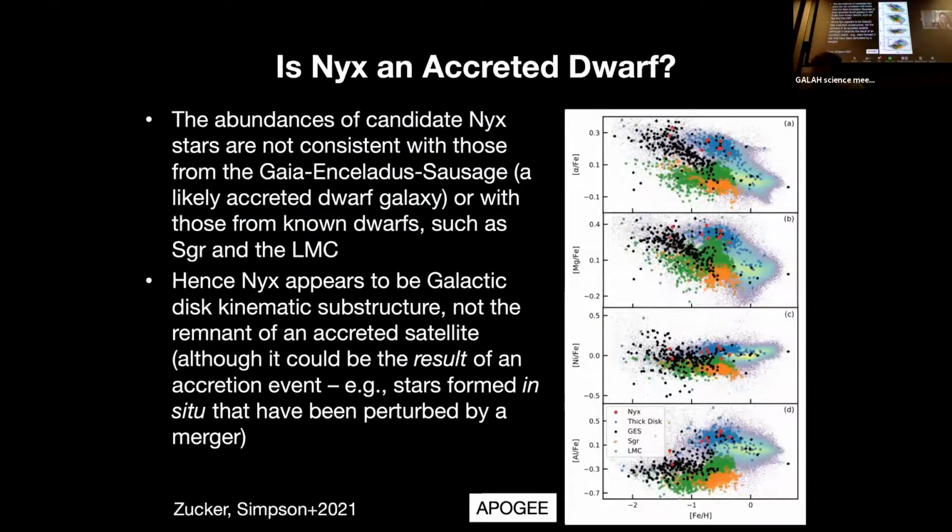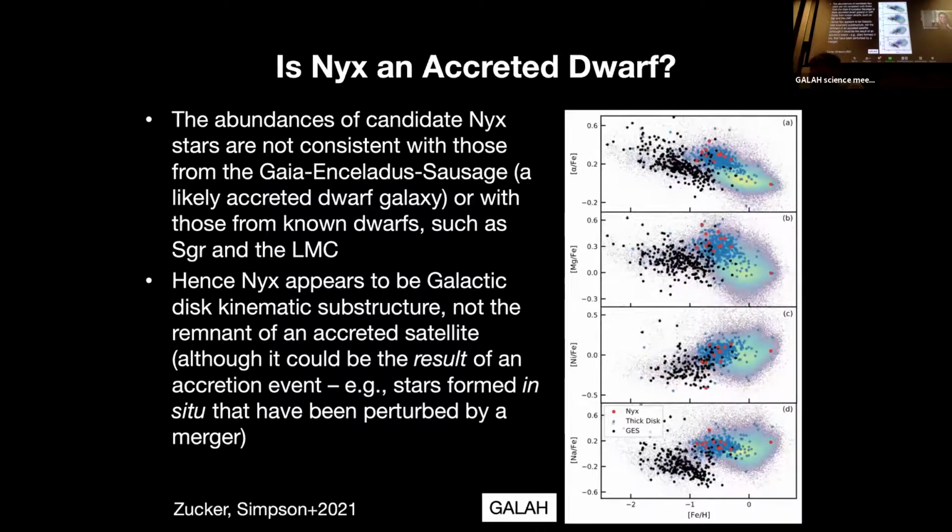Well, okay, so in GALAH, we looked at alpha, we looked at magnesium, we looked at nickel, and we looked at sodium. And in each case, as you can see, the red dots are the kinematically identified Nyx candidates. They all match up with thick disk stars. And these thick disk stars, I should qualify, were identified by their kinematics, not by their abundances in the GALAH data, because we wanted to make sure we weren't going in circles.